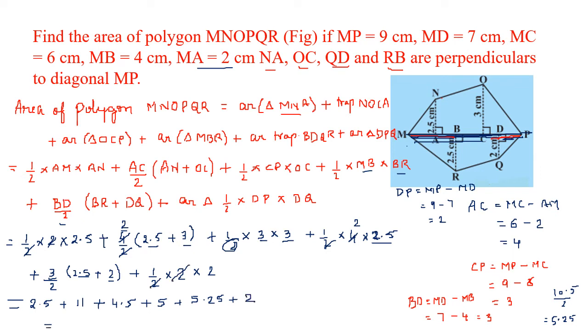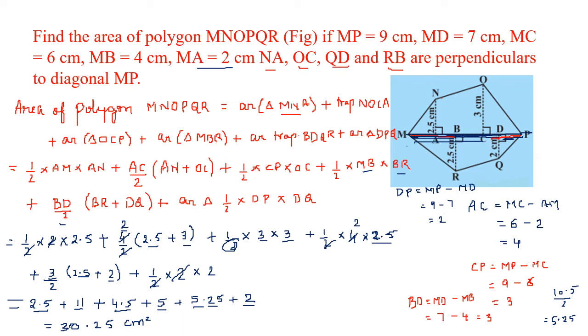So what is the answer we get? 2 plus 5 is 7. 7 plus 11 is 18. 18 plus 2.5 is 20.5. 20.5 plus 4.5 is 25. And 25 plus 5.25 is 30.25 centimeter square.